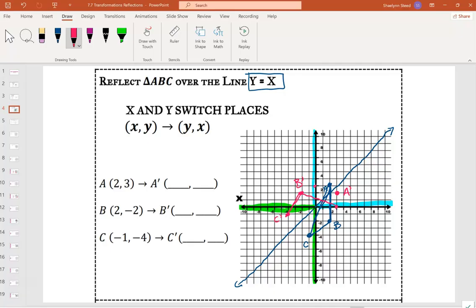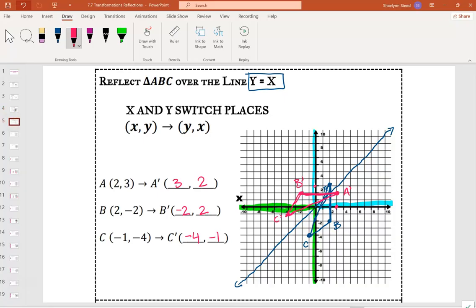Oh, I didn't connect to A. Hold on. There's A. That looks lots better. A's x and y just switch places. So 3 goes from y to x, and 2 goes from x to y. B, same thing. C, same thing.